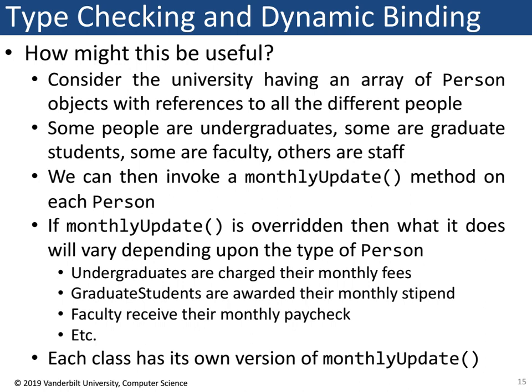The code will just be a for loop that processes each individual element of the array and calls the monthly update method. However, what actually happens, the behavior of that call, will depend on what type of person it is. If it's an undergraduate, then they'll be charged monthly fees. If it's a graduate student, they're awarded their monthly stipend. If it's faculty, they'll receive their monthly paycheck, and so forth.